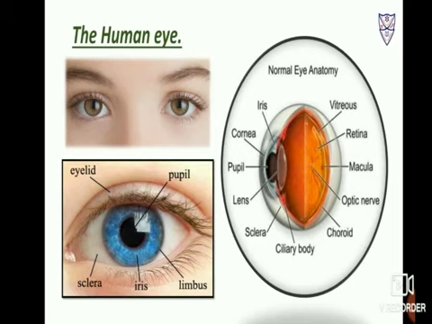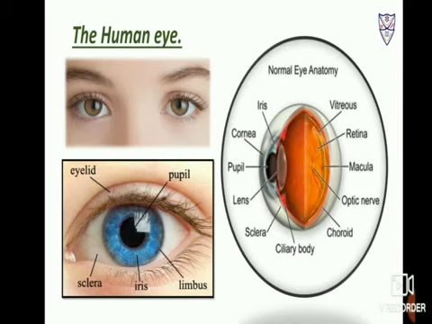Now students, let us discuss the structure and function of the main parts of the eye, that is sclera, cornea, iris and pupil, choroid, crystalline lens, retina and optic nerve. So first is sclera.